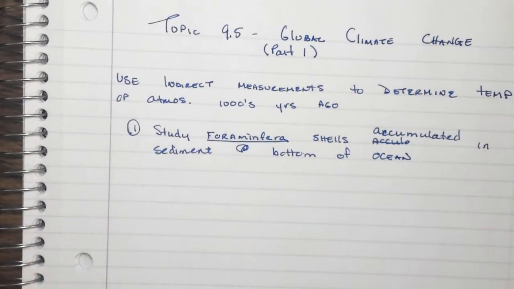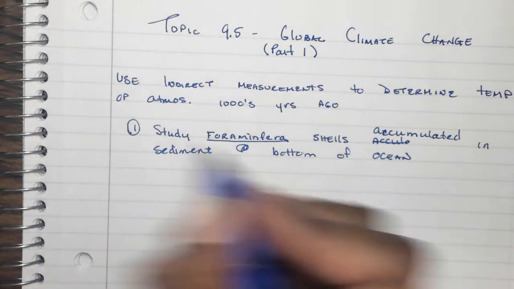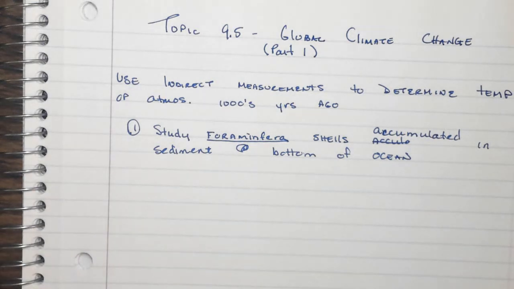Those shells accumulate at the bottom of the ocean in sediment. Different species have different temperature tolerances, so we can determine what the temperature was based upon which species is in that particular layer of sediment.